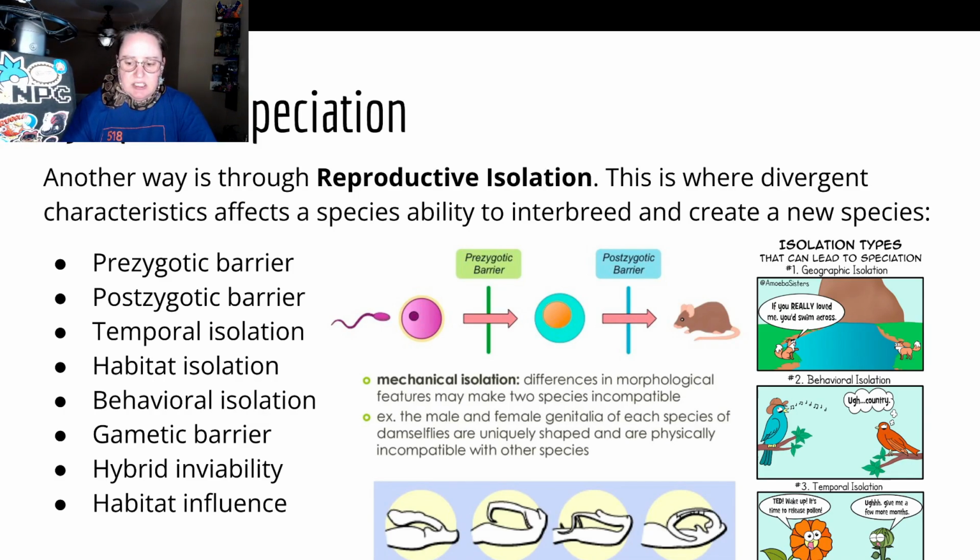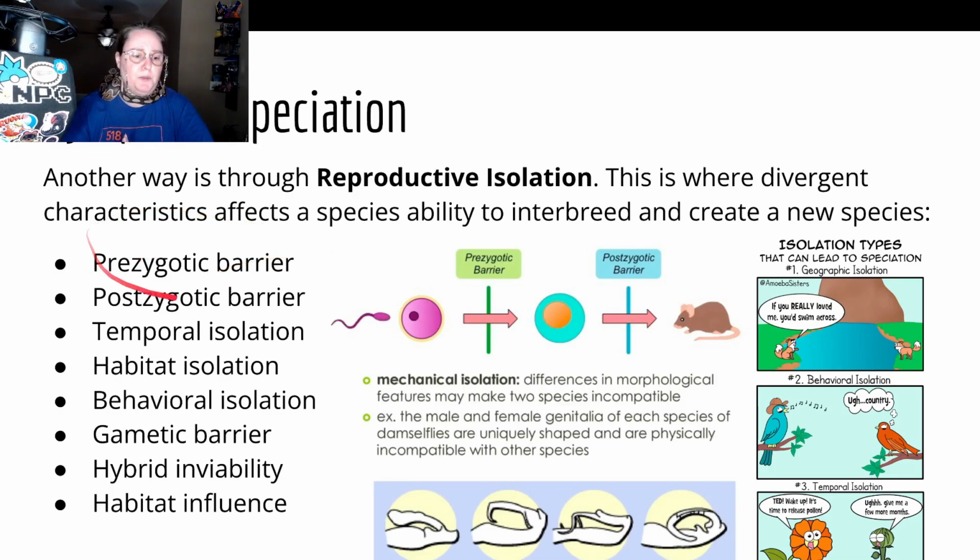One is the prezygotic barrier, which is basically where the egg and the sperm meet, but something might happen that makes them different. That's called a prezygotic barrier. There's a postzygotic barrier, which is usually after the egg and the sperm meet and get fertilized and can lead to a new species.